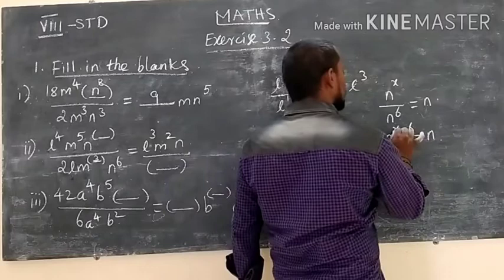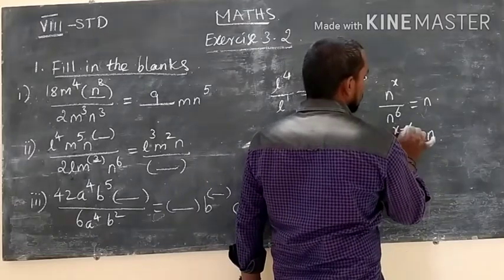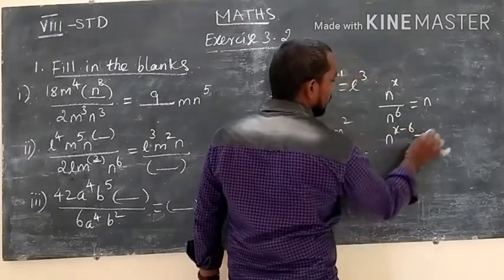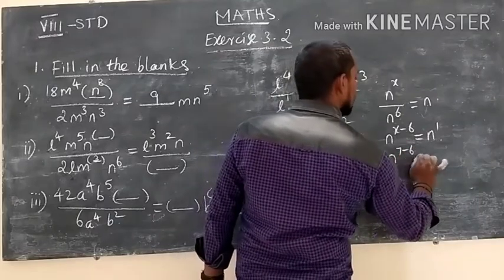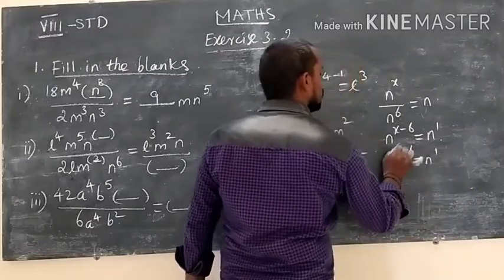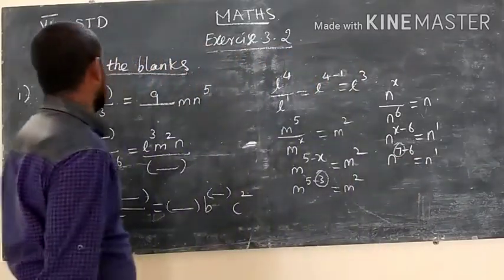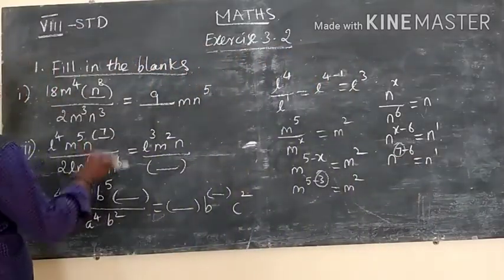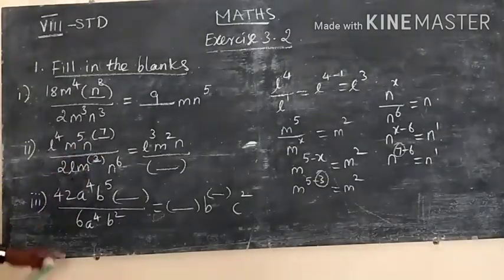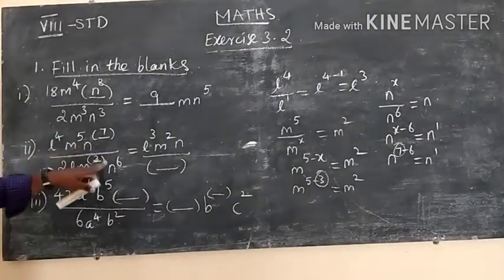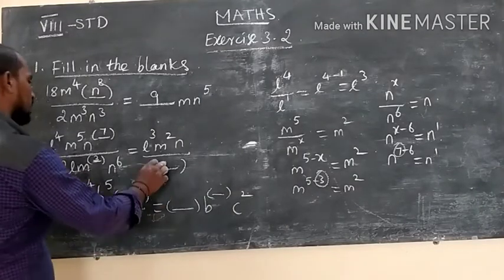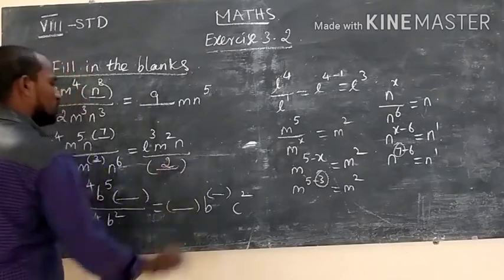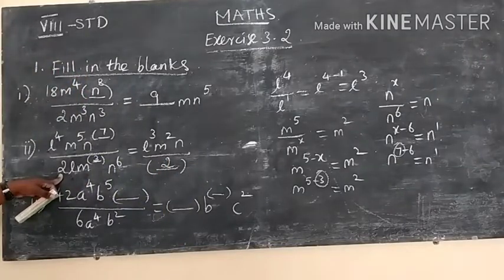Which number minus 6 gives n power 1? 7 minus 6 equals n power 1. Is it done? So x is 7. So the blanks are filled. Okay. L, m, n is over. The remaining is the 2 only, missing on the right hand side. So 2. That's our answer.